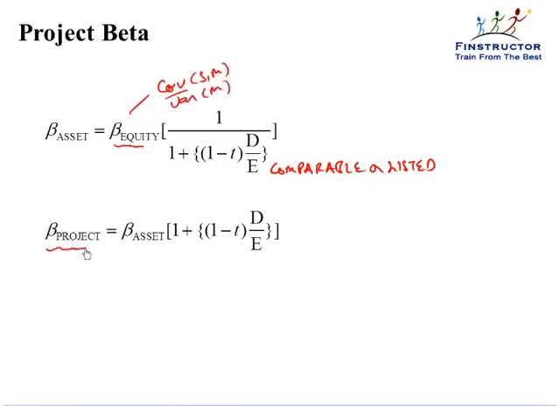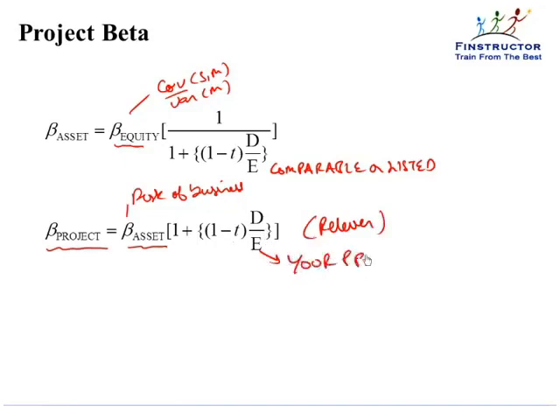We can then estimate a beta project using this beta asset. This is the risk of the business, and we add to it the risk of the debt. That is, relever it. This D by E and this tax rate are now both of your project that you are estimating the beta for, or you want to estimate the cost of capital for.